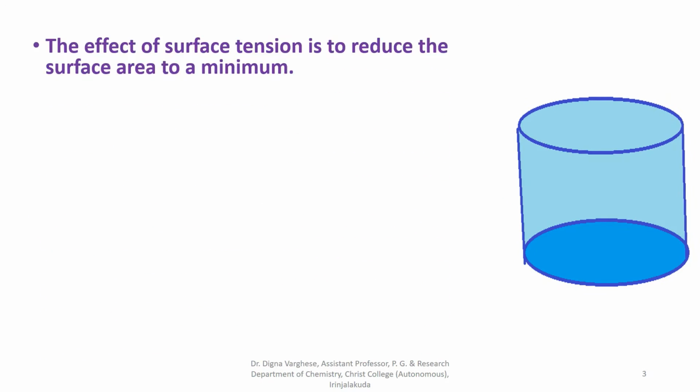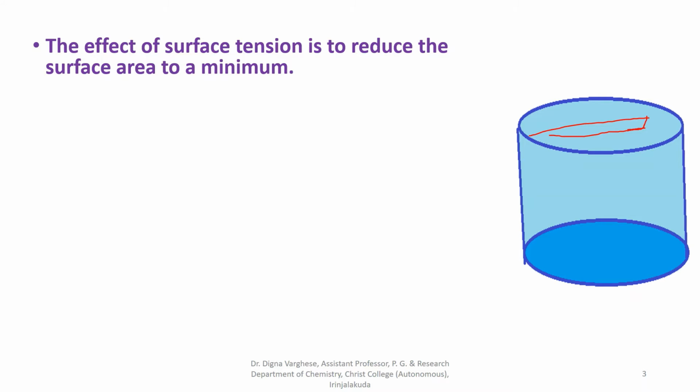The effect of surface tension is to reduce the surface area to a minimum. So if we wish to increase the surface area from this to this any value, we have to do some work against the force of surface tension.